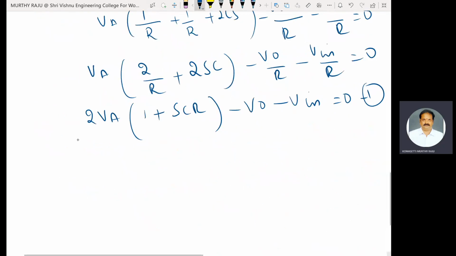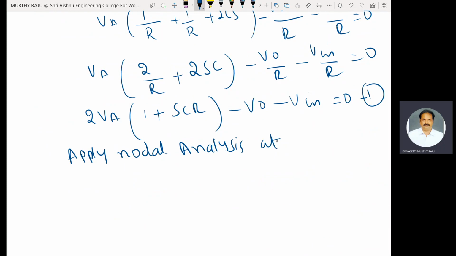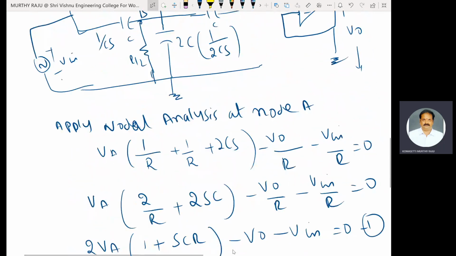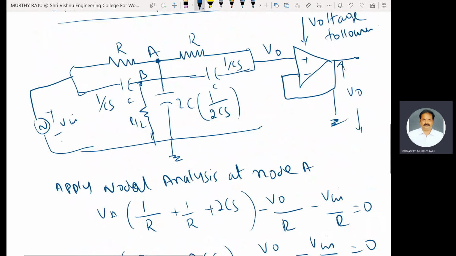Apply nodal analysis at point B. That is VB into SC plus SC plus 2 by R. These are the capacitors, C and C. Impedance of that capacitance is 1 by CS.